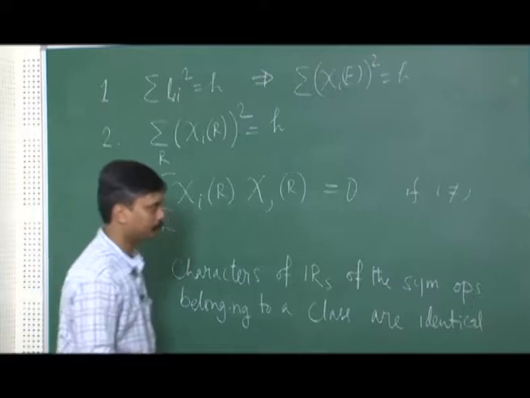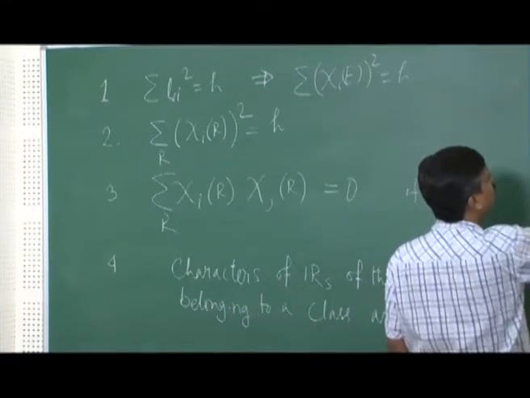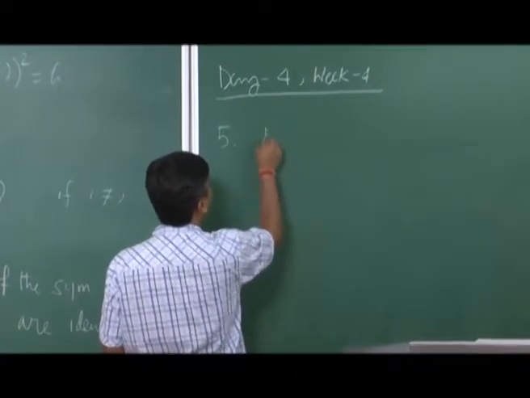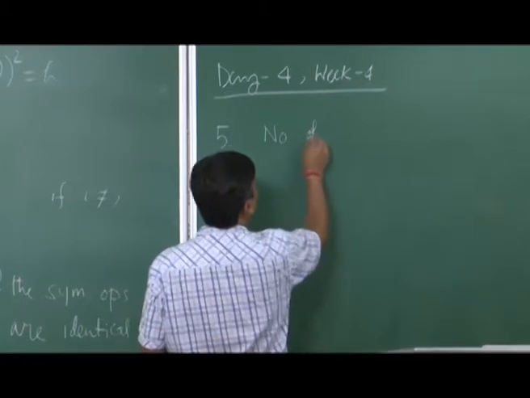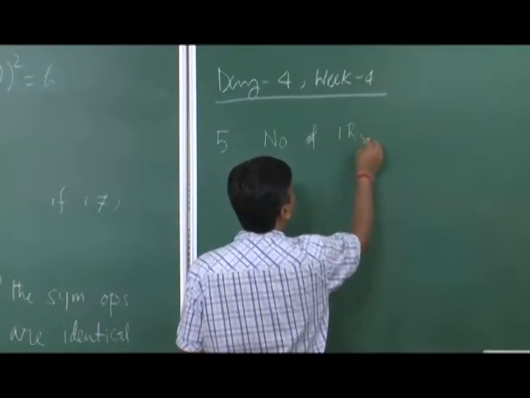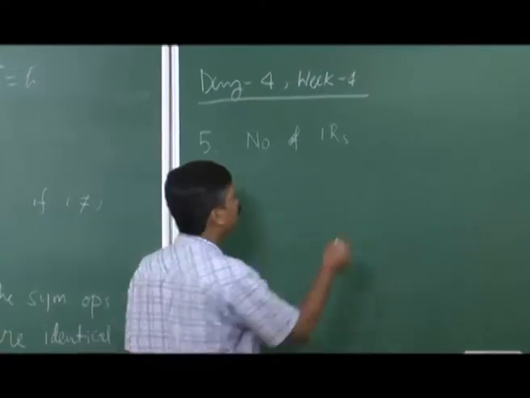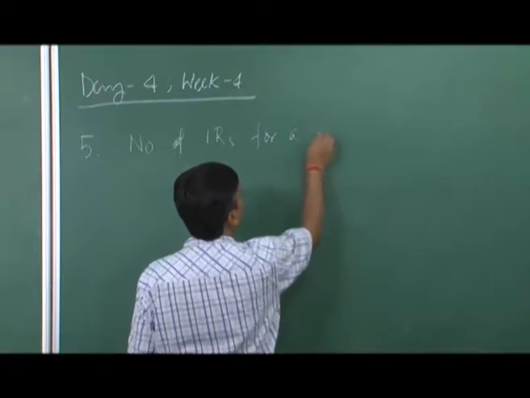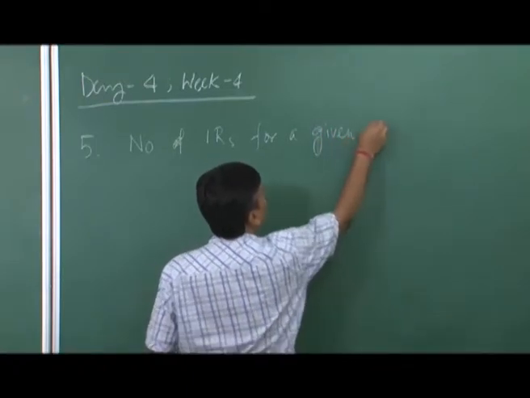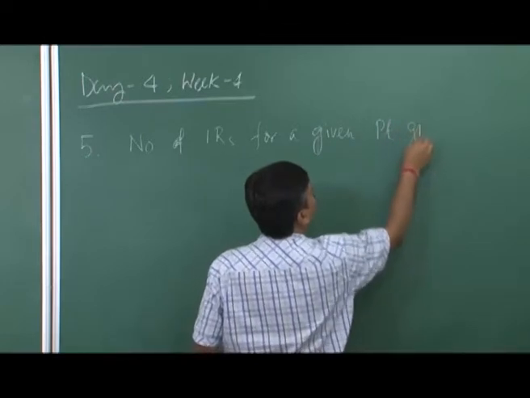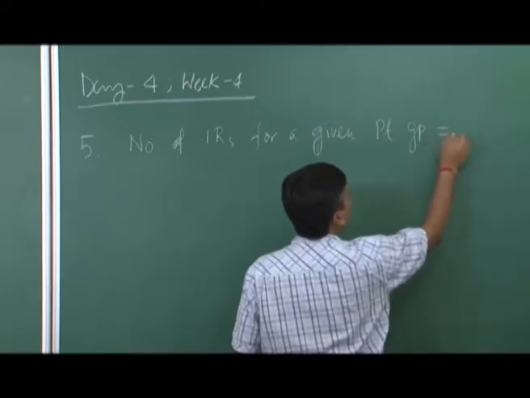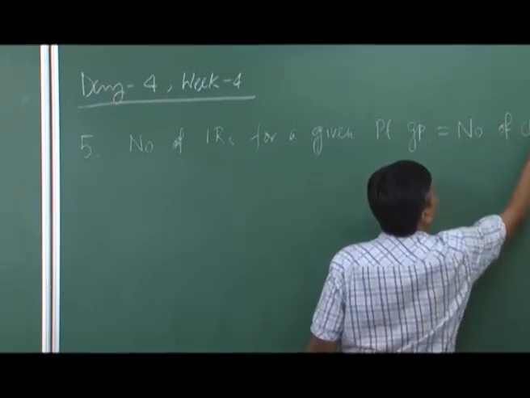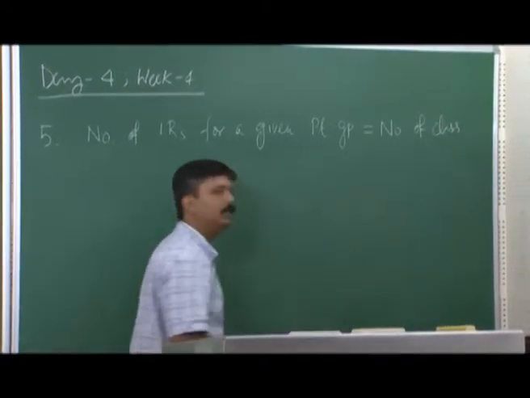Now the fifth rule, which is another very important one, says that the number of irreducible representations for a given point group is equal to the number of classes present in the point group.